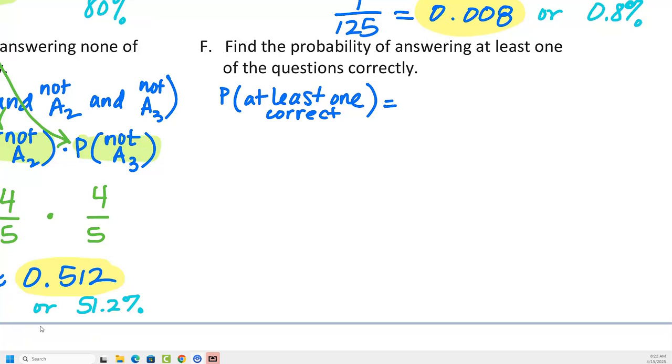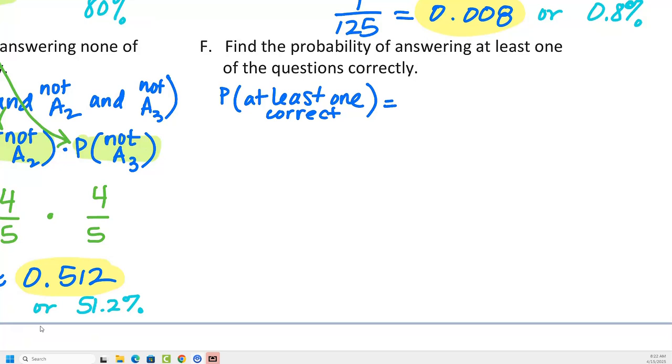So you have to figure out all the different probabilities of 2 of them. And if I have 1 correct, does that also count? So what is the only scenario that's left out here? Getting none correct, right?